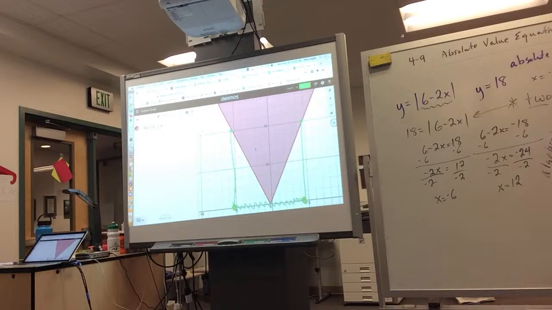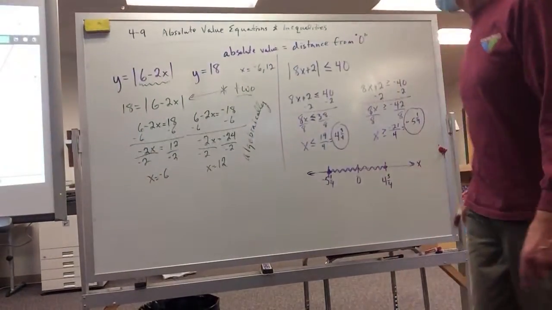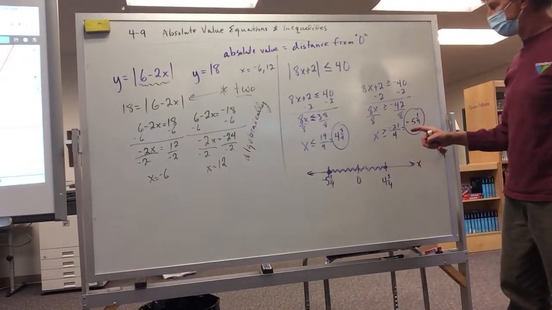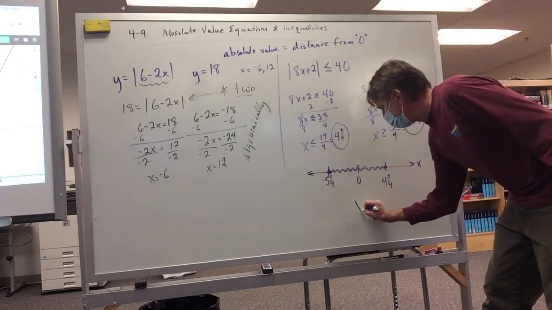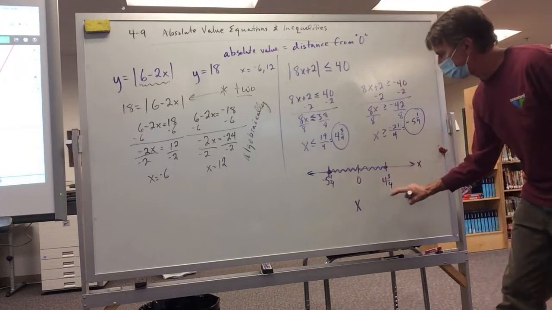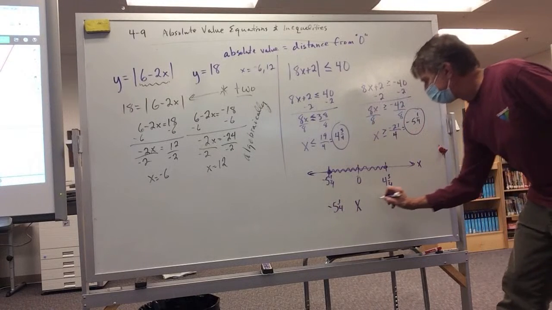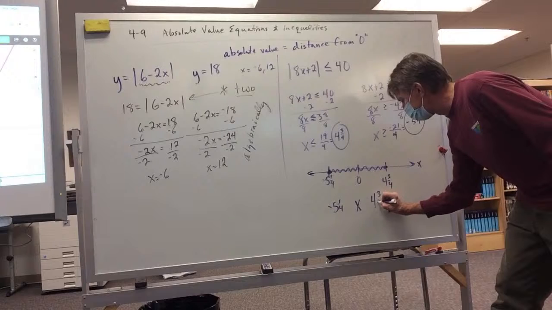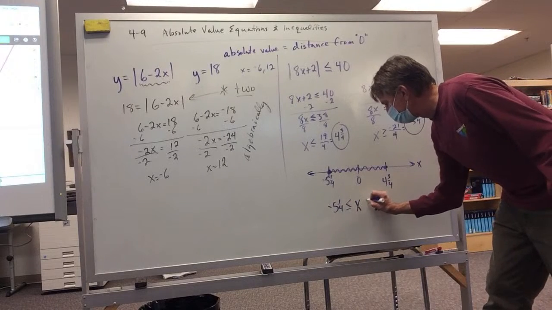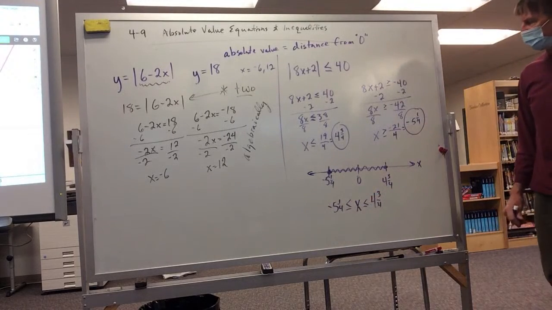And then the way this would get written, you would say that x is in between these two numbers, negative 5 1/4 and 4 3/4. And you use the inequality that points in the same direction.